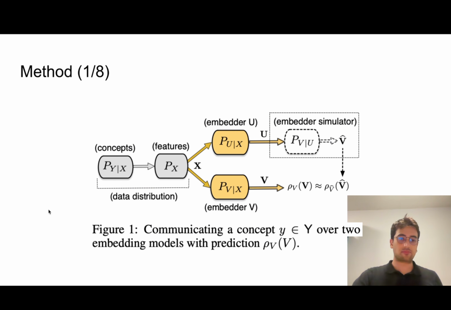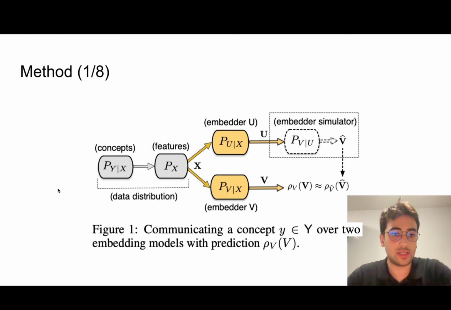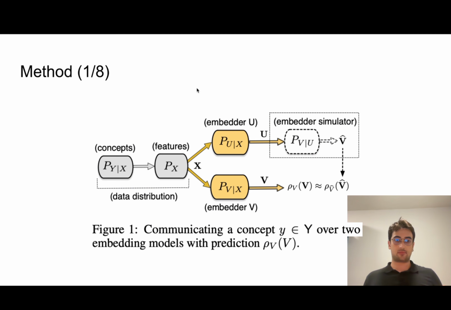So the general figure of the paper: let's say you have concepts or the labels, we can say, right? Which is shown by probability of y given x, and x is the features of your data, okay? Which is basically your data, your images, right? And let's say the concepts are the ages of people in those images, right?